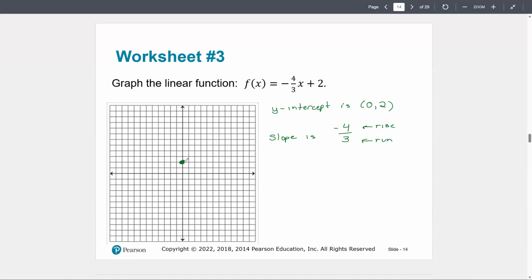So I run 1, 2, 3. And then instead of rising, I'm going to fall 1, 2, 3, 4.